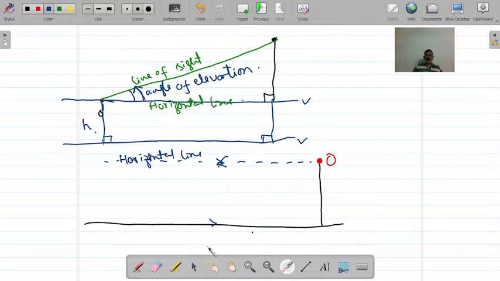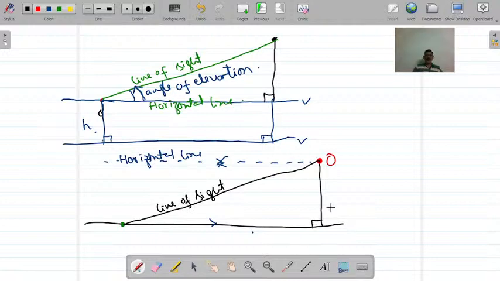On this ground, somewhere there is some object and he has to observe this object. Now for this, what does he have to do? He has to look like this. Now actually this is the line of sight.